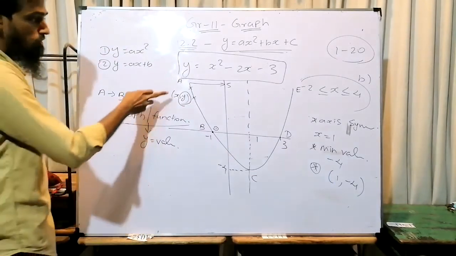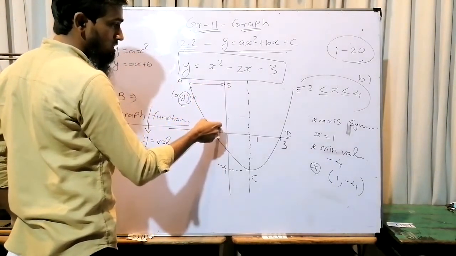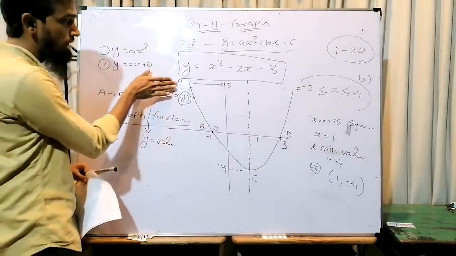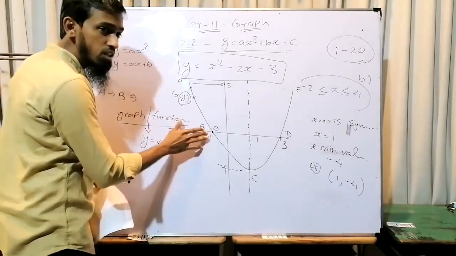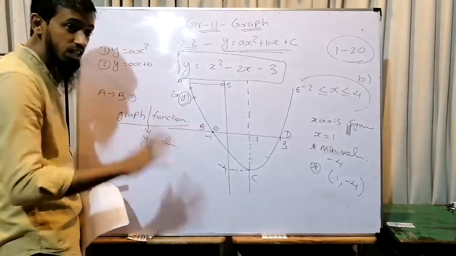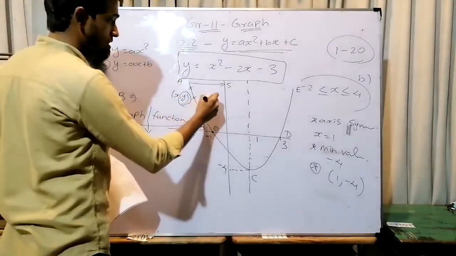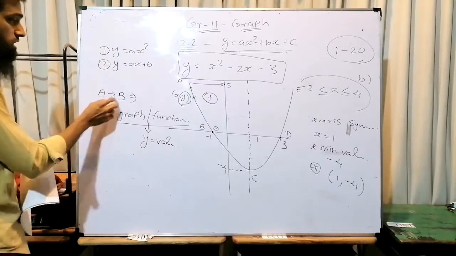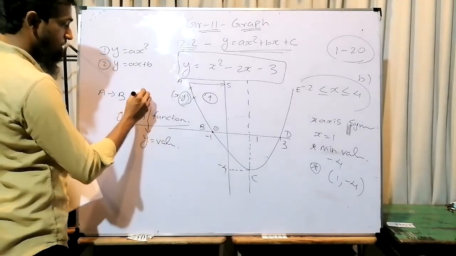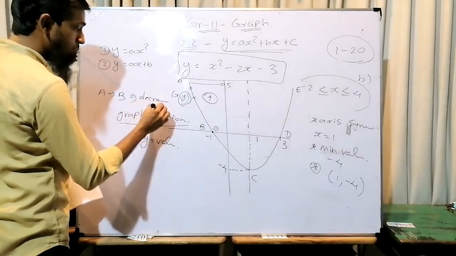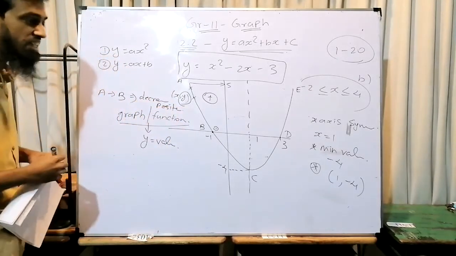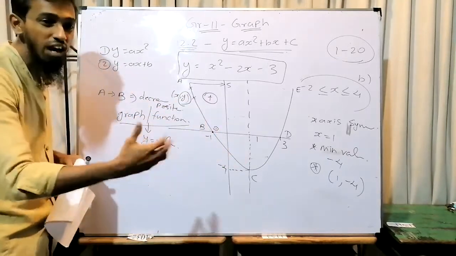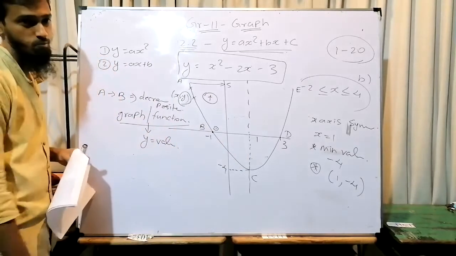So from 5 to 0, the values of y are decreasing, but still the values are positive. So from A to B, the graph is decreasing positively. The function is decreasing positively. The y values are decreasing positively.